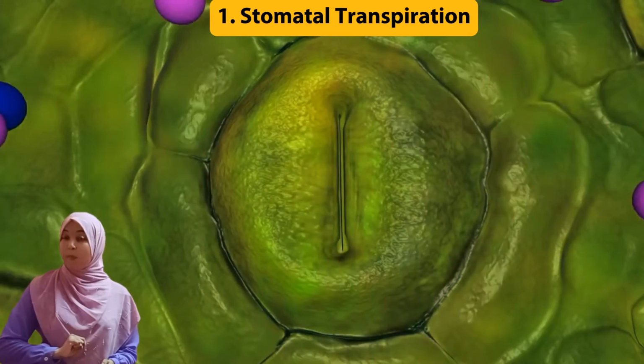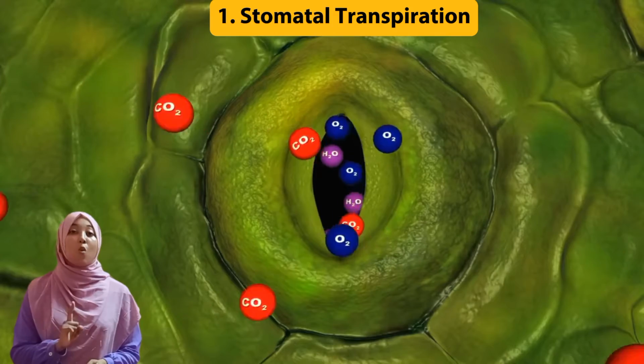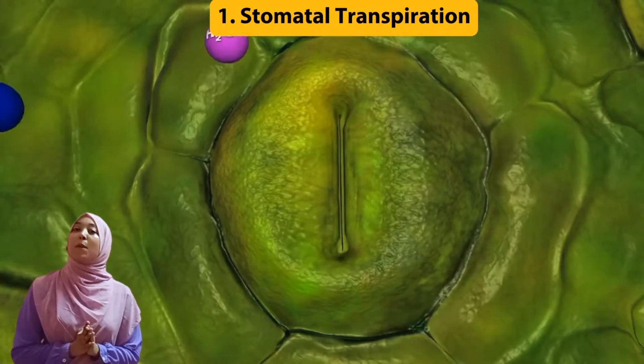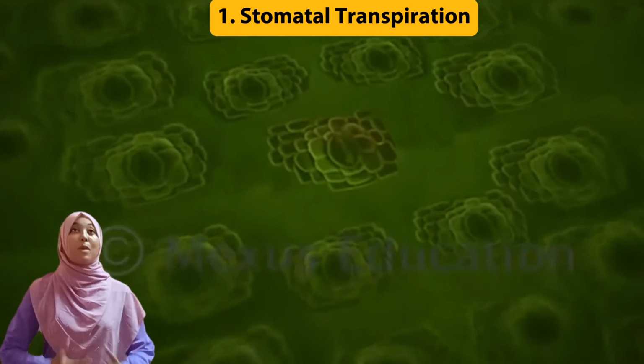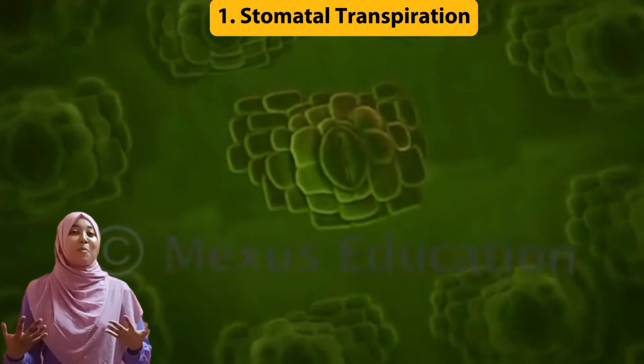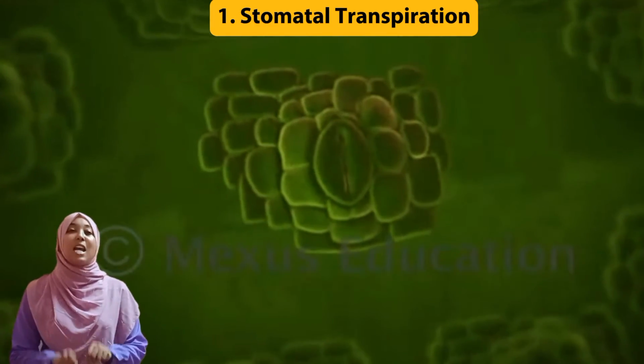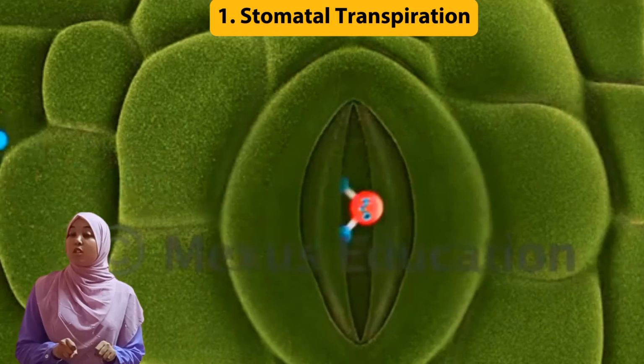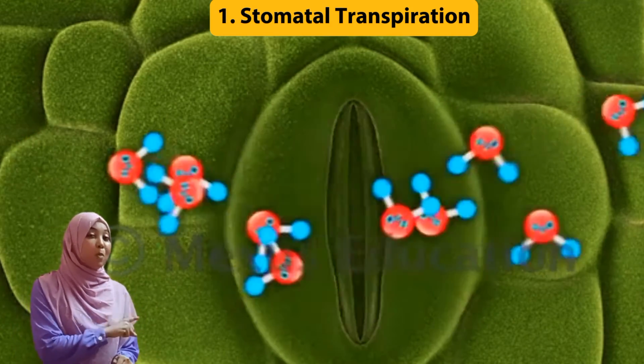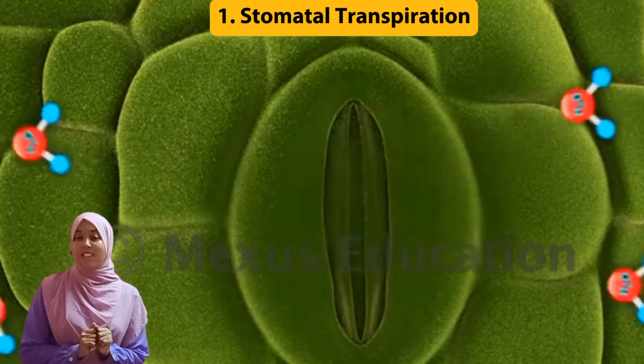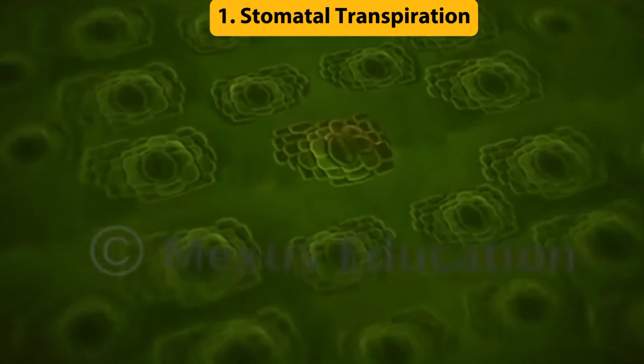Now one single opening is known as a stoma, more than one, stomata. So my point is this: since stomata tend to be present in numerous numbers on the surface of the leaf, you'll find that a lot of the transpiration actually occurs through stomata more than any other opening in the plant. And that is the stomatal transpiration.